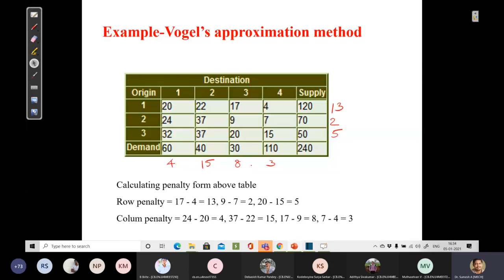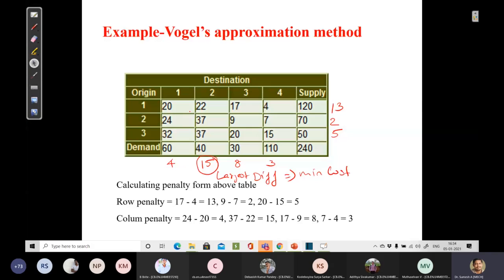So which one? Second column. Largest difference in that minimum cost.